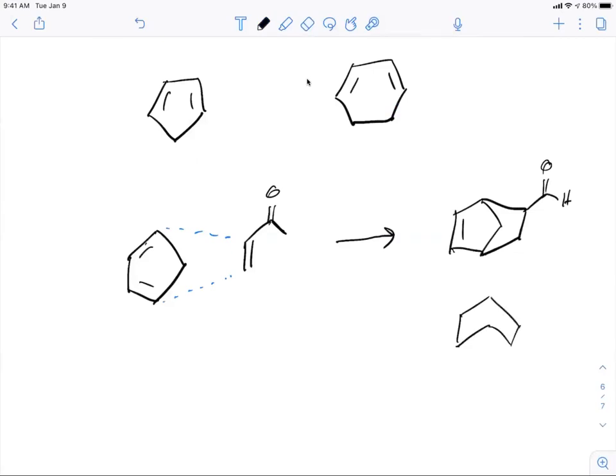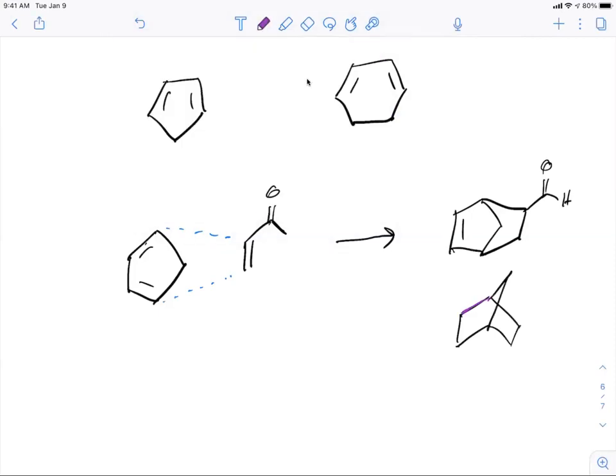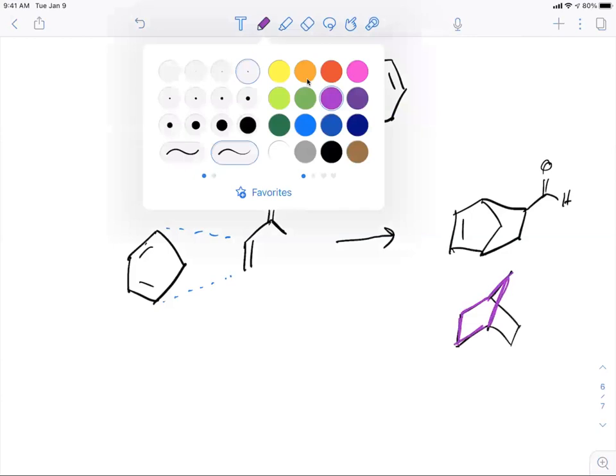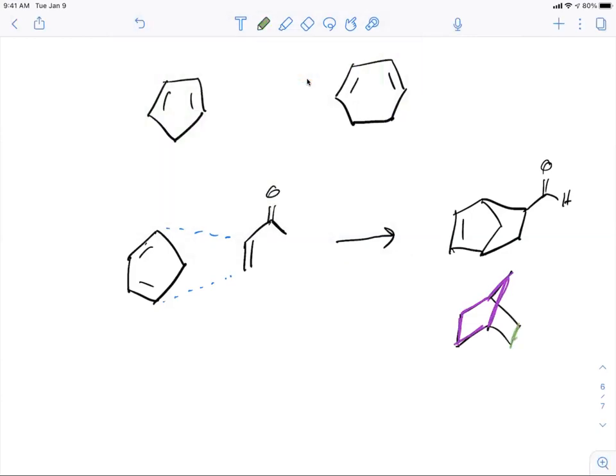So this is what's created with my diene, right? And let's go in and color code this. So this was my diene, right? And then what's over here, let's use the green color here, is my dienophile. So this is a bicyclic compound.